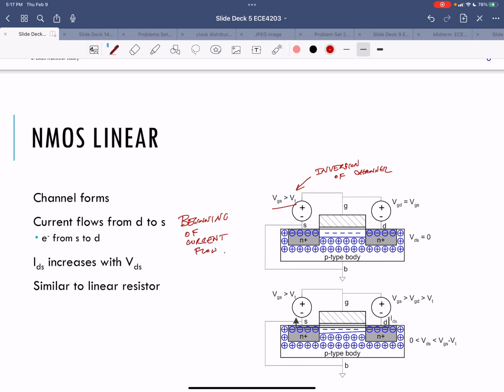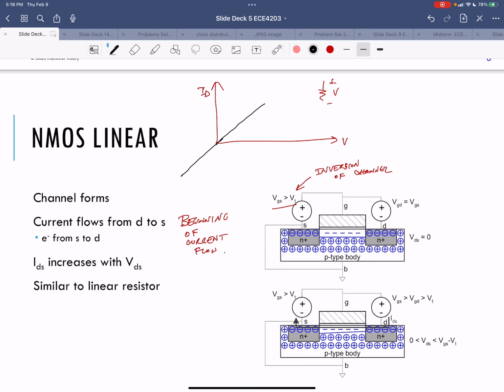And then as you increase the voltage between the drain and the source, you get an increase in the IDS current. So remember a resistor. If you have an increase in voltage across a resistor, you get a current flow across the resistor.